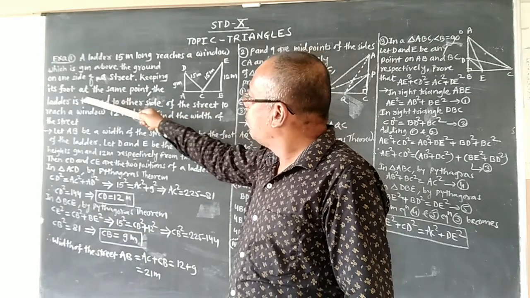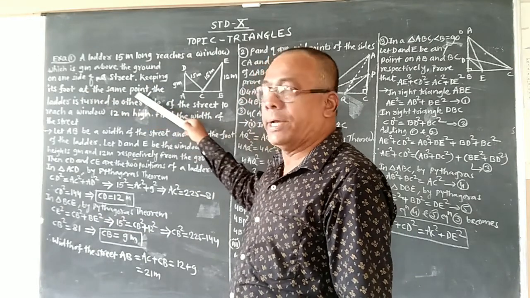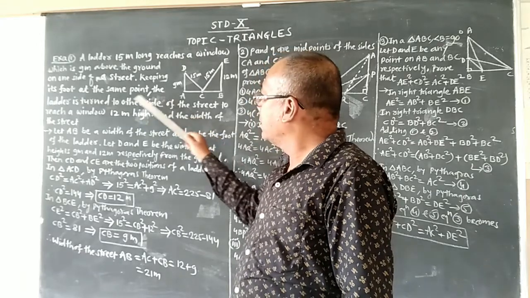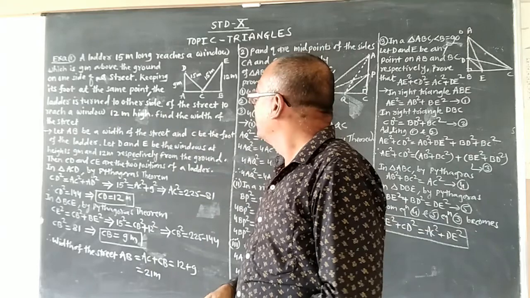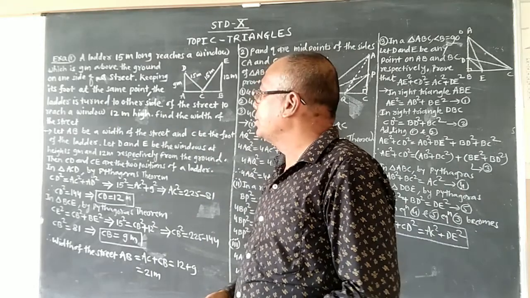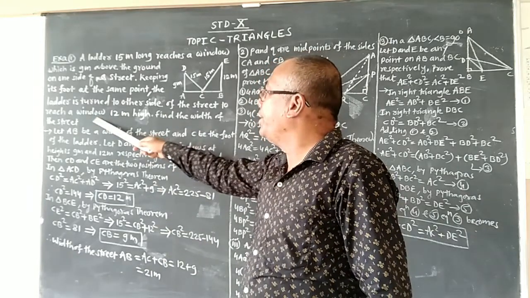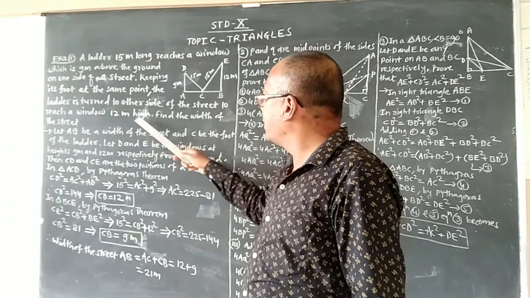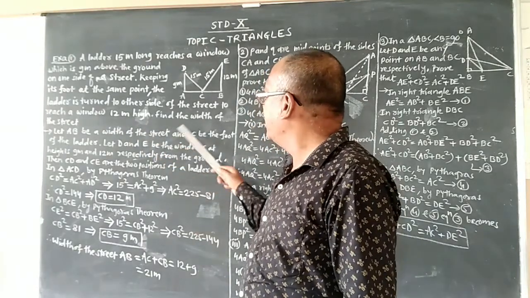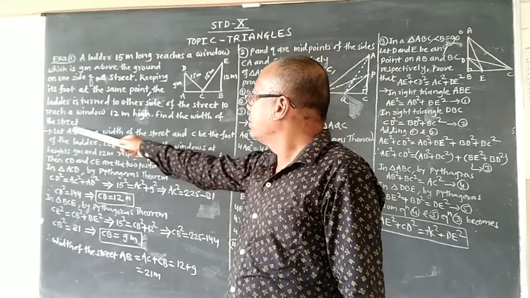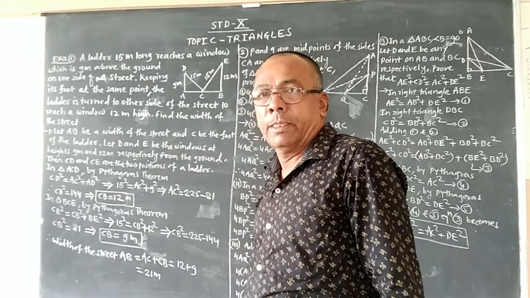Keeping its foot at the same point, the ladder is turned to the other side of the street to reach a window 12 meters high. Find the width of the street.